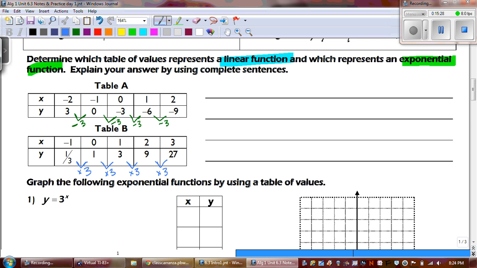Okay, so this is what something would look like, or how you would say this. We would say that table A represents a linear function, okay, because the y values, what's happening to the y values?